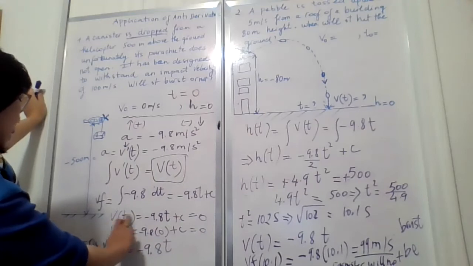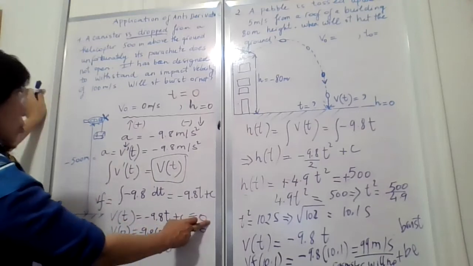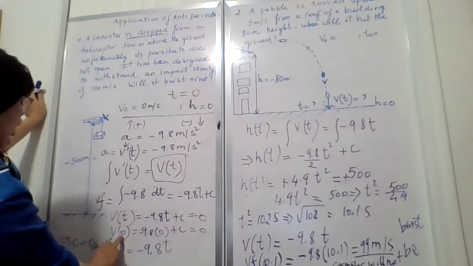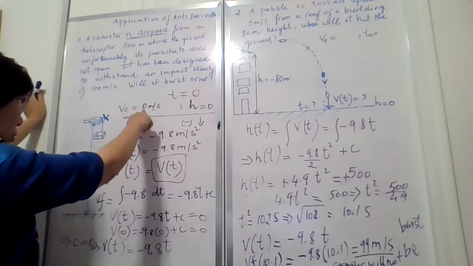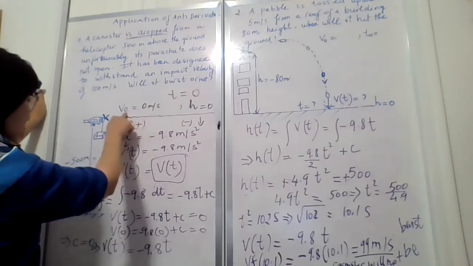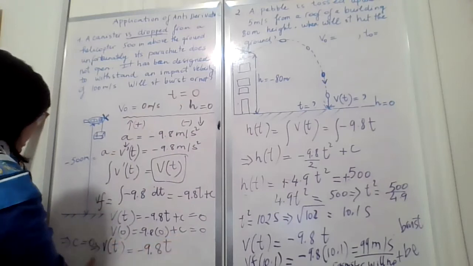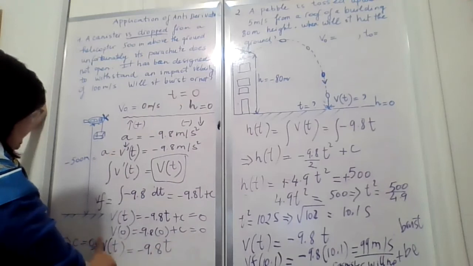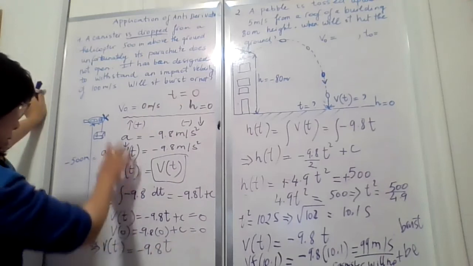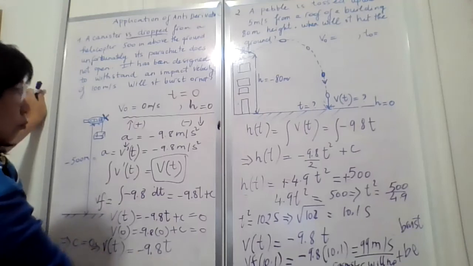So we know that Vt equals minus 9.8 t plus c, and at time 0 the velocity is 0. So we set this velocity equal to 0 and find c. We find c equals 0. So the function of velocity is Vt equals minus 9.8 t.